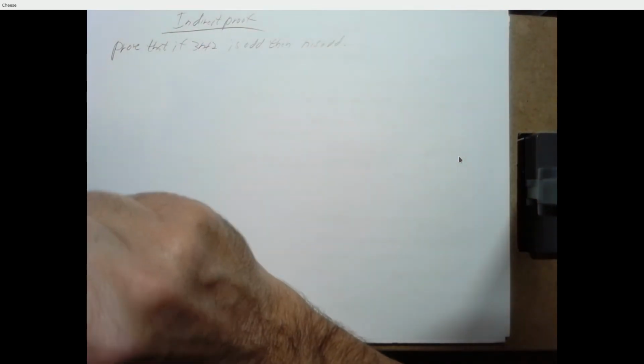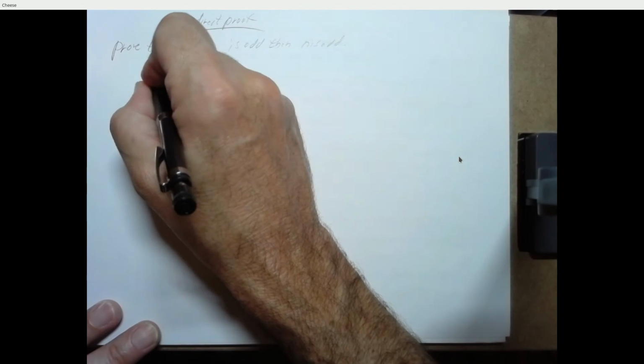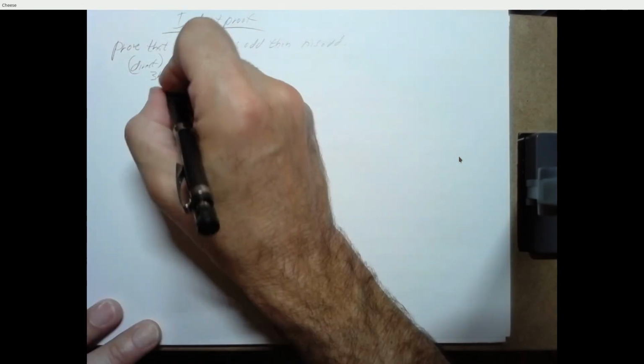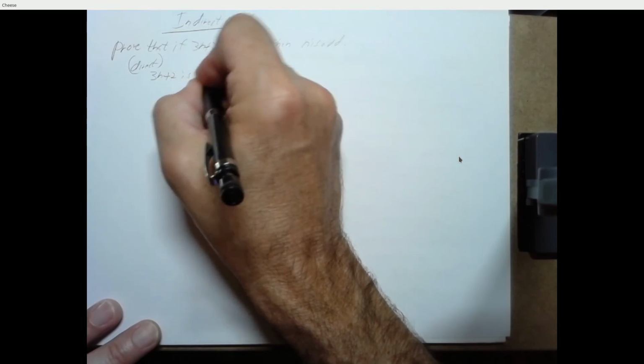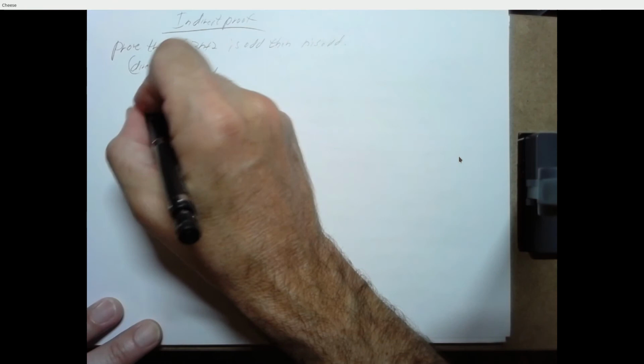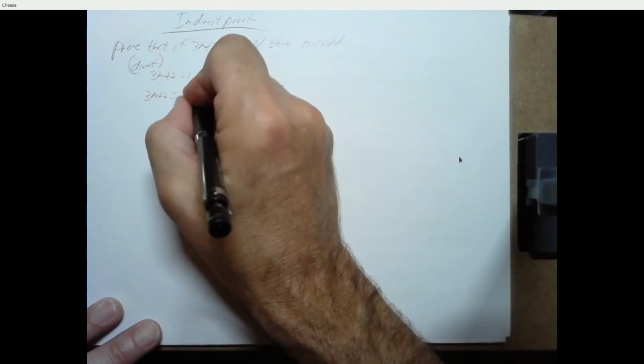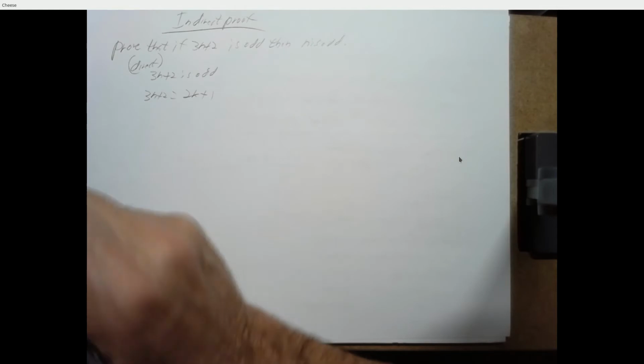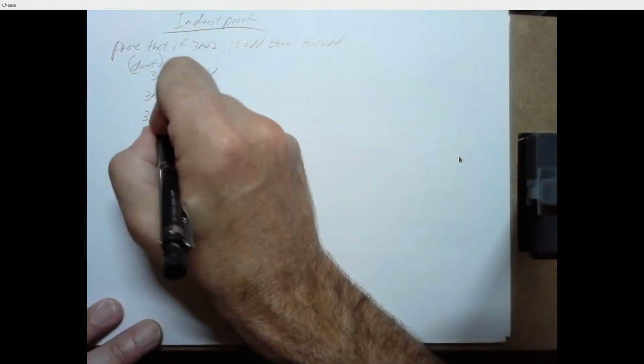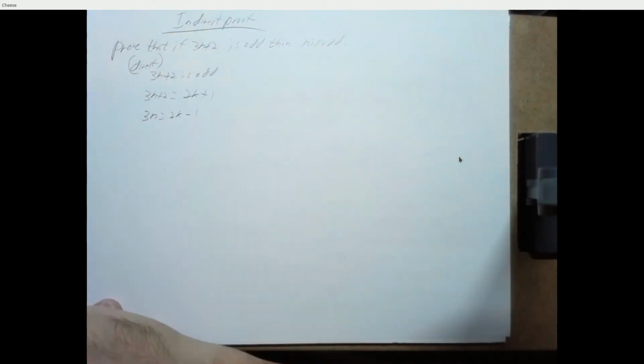Well, a direct proof would be the following. This is a direct proof. We'd say 3n plus 2 is odd. And that would be what we're given. And then we'd say 3n plus 2 equals 2k plus 1. So that's the definition of odd. And we might do some algebra and say 3n is equal to 2k minus 1.